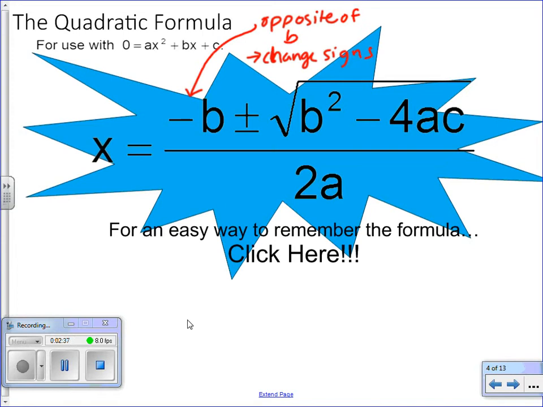However, if b in the standard form equation is negative, when you plug it into the formula, you'll change its sign and it will actually start positive. So we'll sing a song here momentarily that calls it negative b, but you'll often hear me, when I say the quadratic formula, say opposite of b, because I don't want you to think that it always has to be negative.